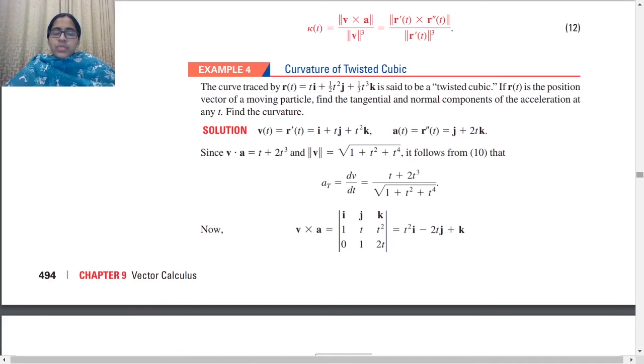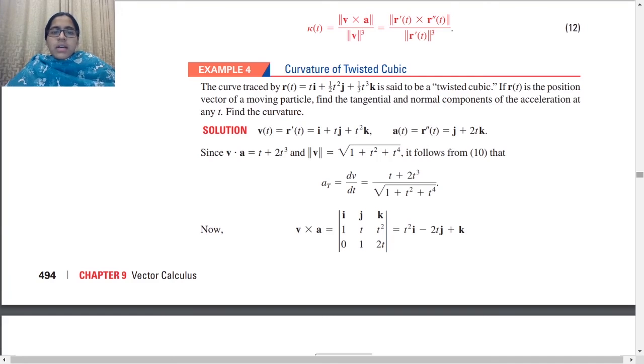So how can we do that? To find the tangential component, we have magnitude of r dash of t dot r double dash of t divided by magnitude of r dash of t. So we can find r dash of t, that is i plus t j plus t square k, and r double dash of t will be 0 i plus j plus 2t k.